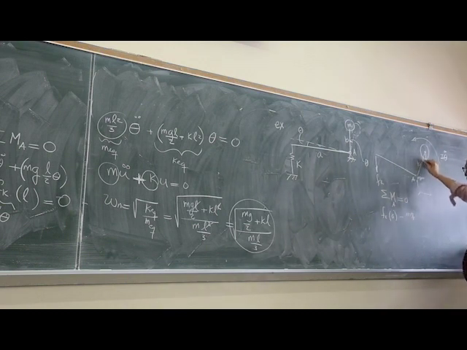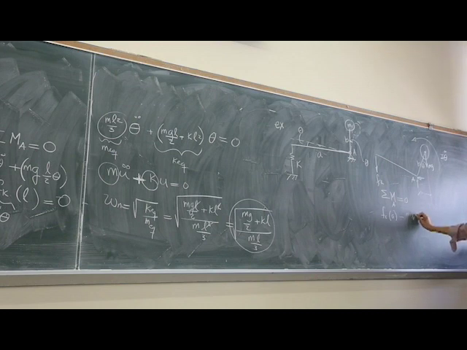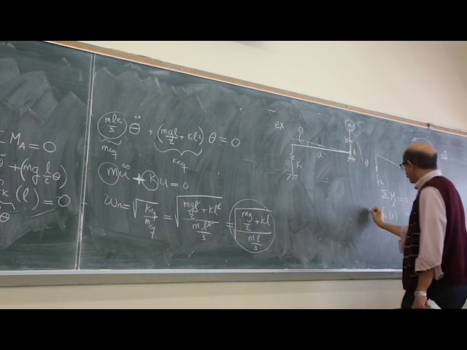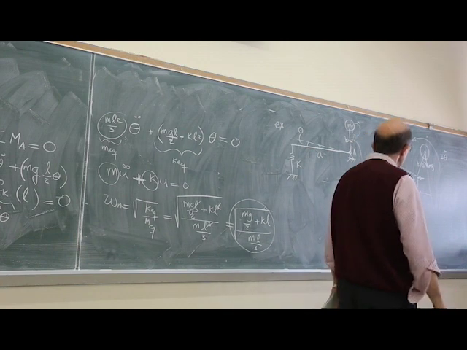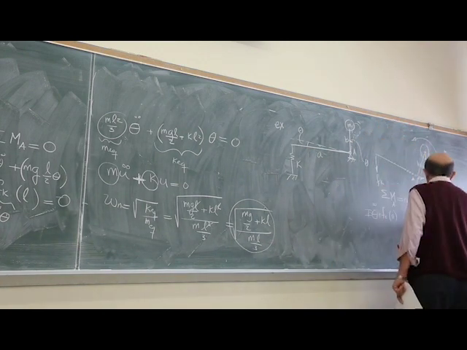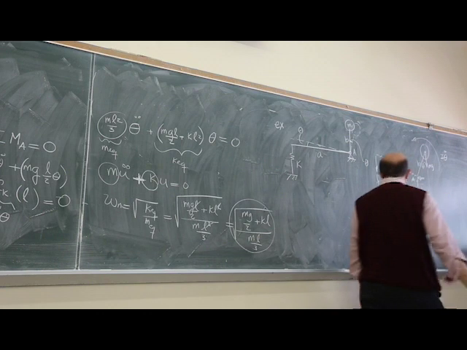If this is b and this is theta, it would be b times sine theta, which, assuming a small angle, would be b times theta. Then you have the I theta double dot, and that's it, equal to 0.